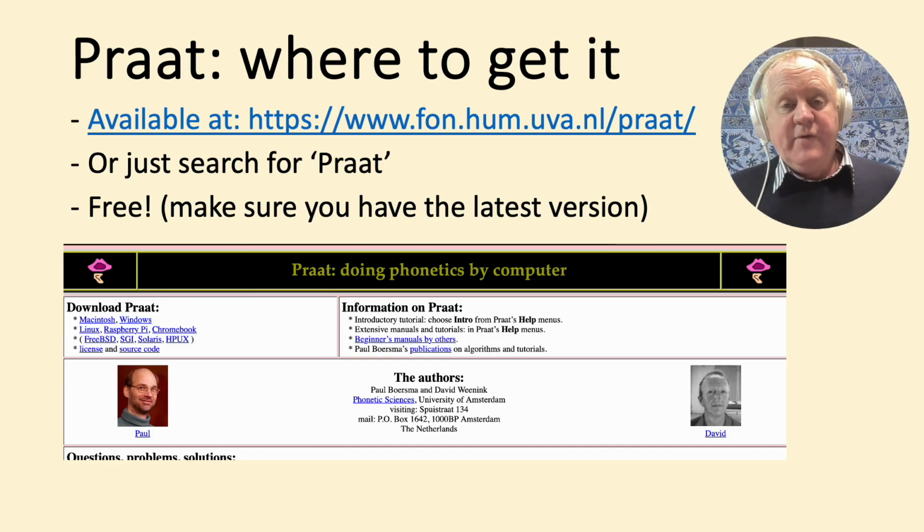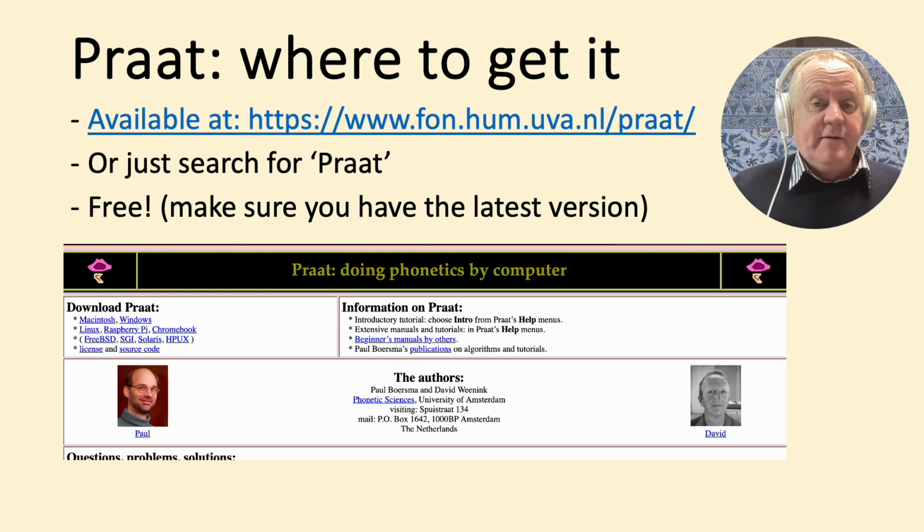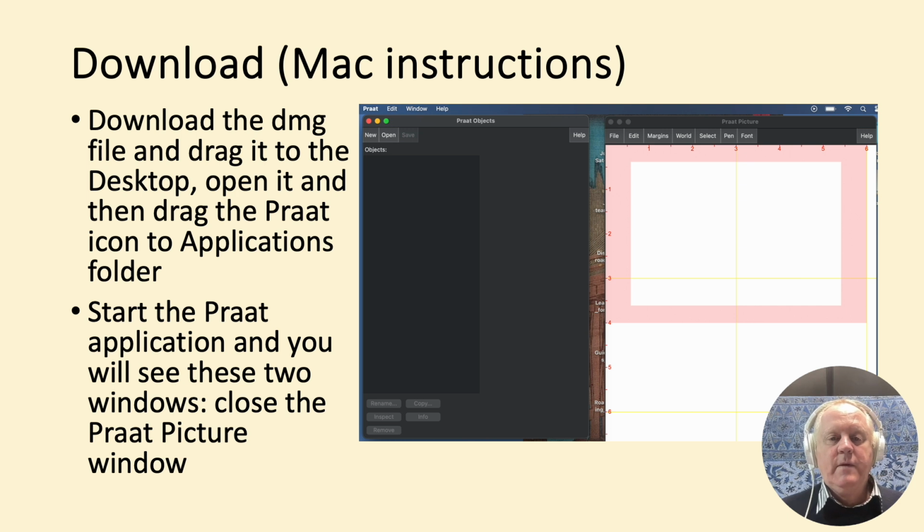Praat is a very useful and free software which is available at the link that I have shown here, or you can just search for Praat online. Okay, so once you've found Praat online, you just download the DMG file, drag it to the desktop, open it up, and then drag the Praat icon to the applications folder.